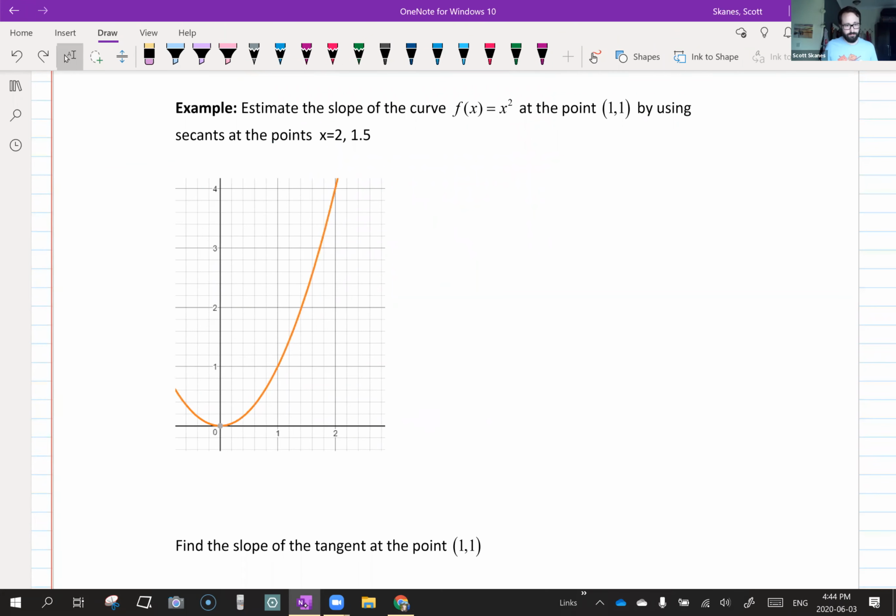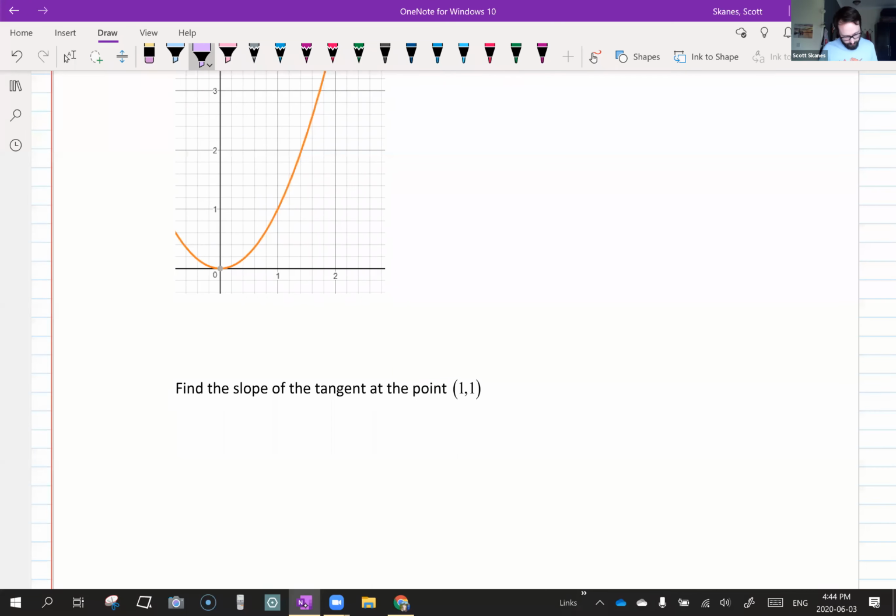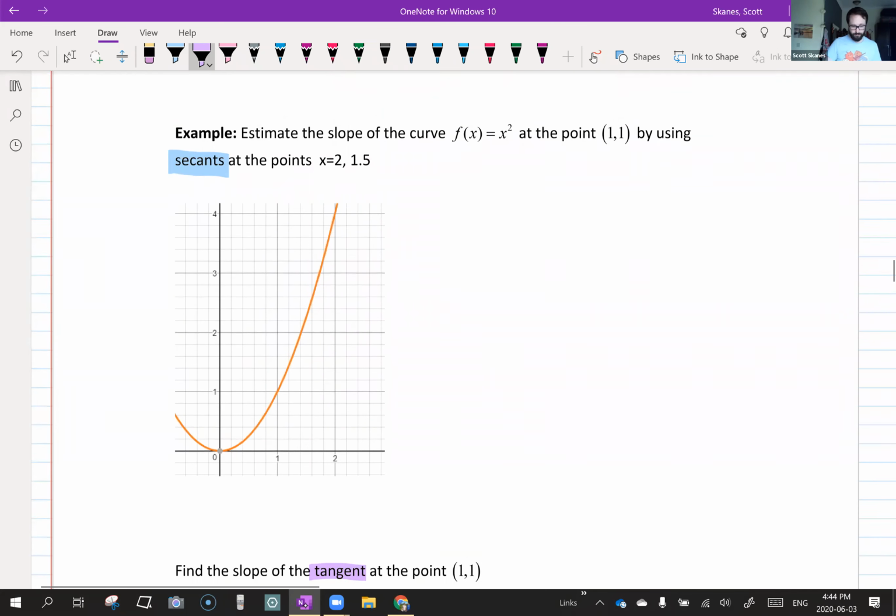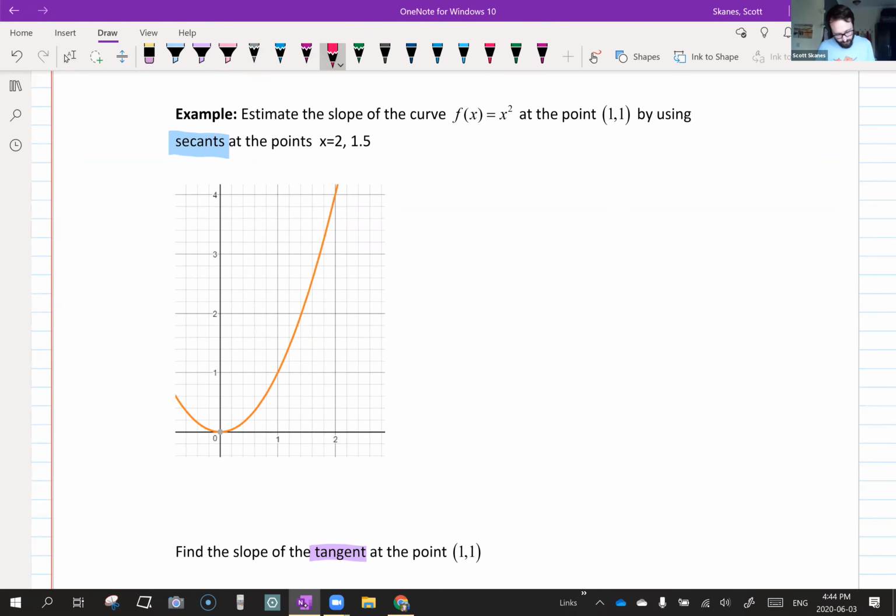Let's take a look at this function here, or this question. Estimate the slope of the curve. So this first question is going to say estimate the slope of the curve using secants, and then we're going to estimate the slope of the curve using tangent. All right? First things first, let's fix the numbers. Let's use x equals 1 and x equals 2. I'm going to just quickly draw those lines.